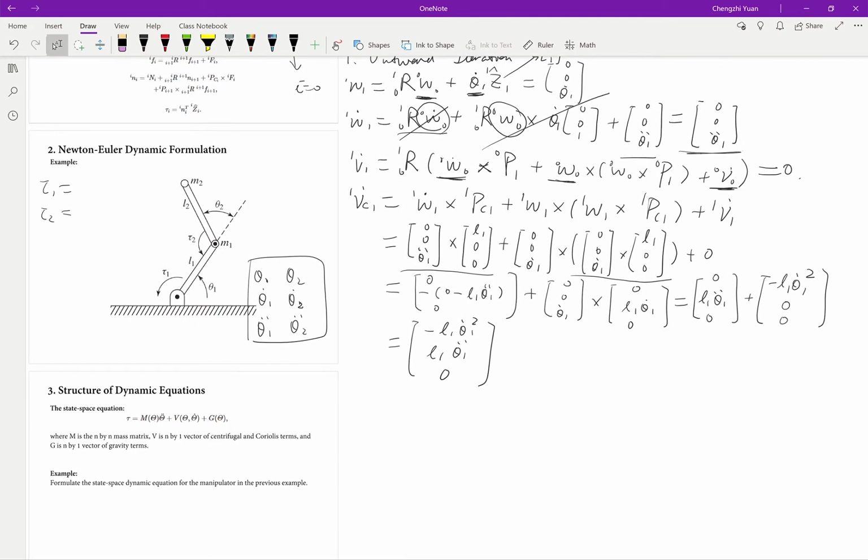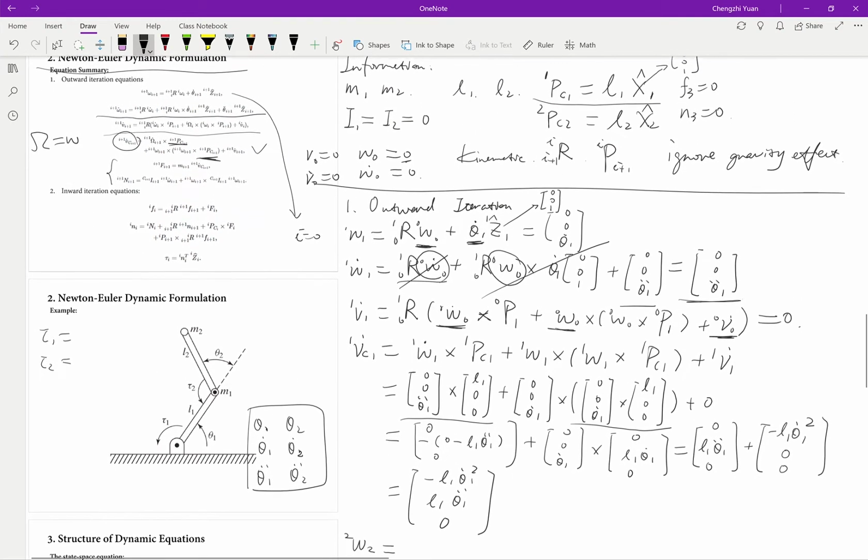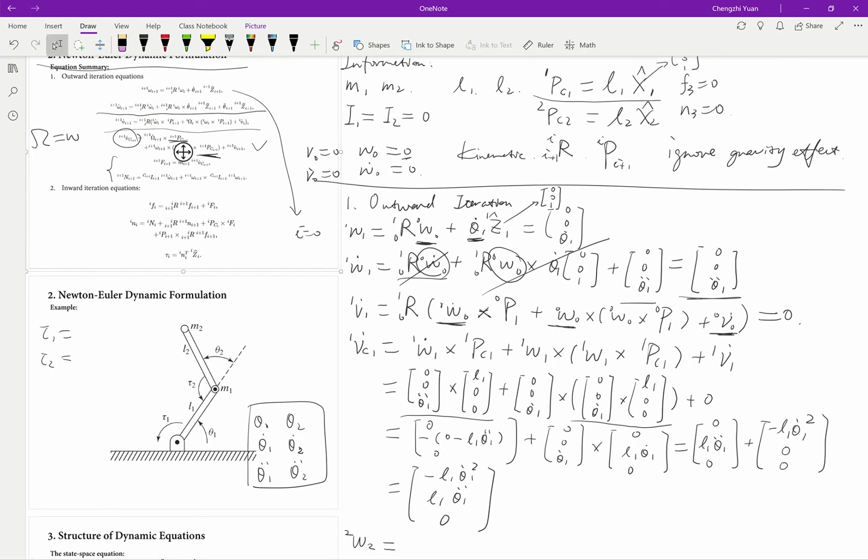Okay, so for the second link, what we need to do is, starting from the beginning, omega 22, right? So we need to calculate omega 22 first. So omega 22, using the first equations here, okay. So now i would need to be equal to 1, right?